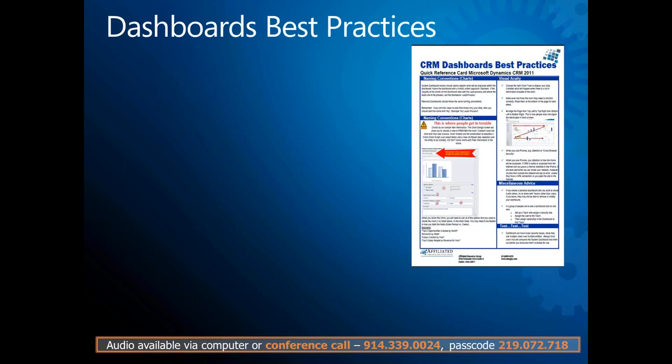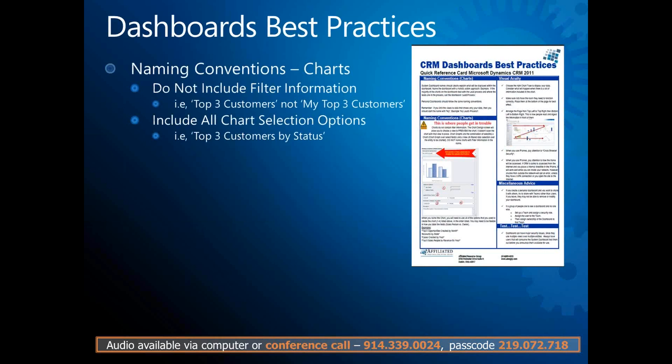One of the important things we talk about with pretty much all of our best practice webinars are naming conventions. And naming conventions can be really important in certain circumstances, and charts is one of those circumstances.